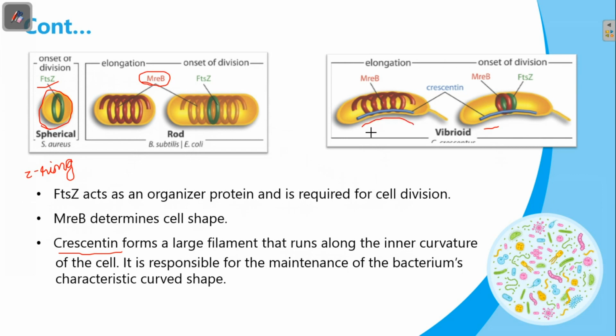It is responsible for maintenance of the bacterium's characteristic curved shape. So these elements play essential roles in cell division, protection and shape determination. FtsZ helps in cell division, MreB determines the cell shape, and crescentin also helps to maintain the cell shape.